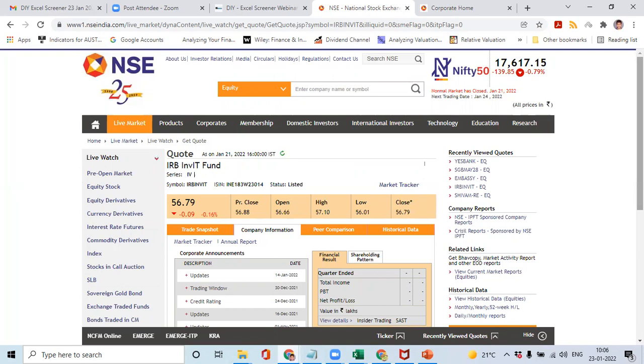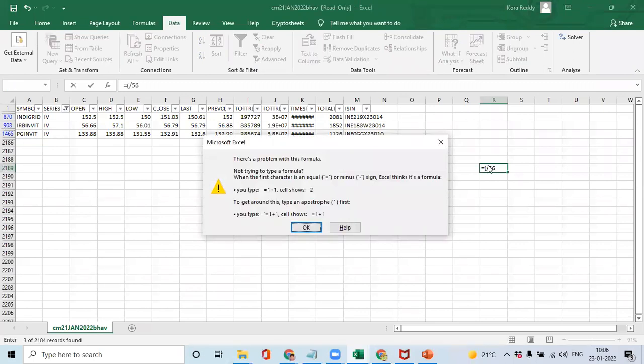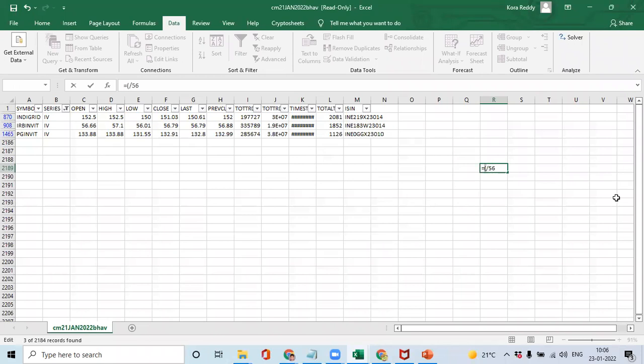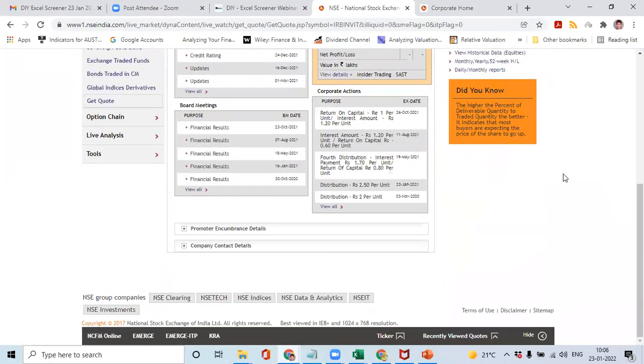So 9 by 56 is how much? This is correct only, right? 9 rupees. Yeah, so 2.2, 3.4, 4, 6.5, 7, 9.